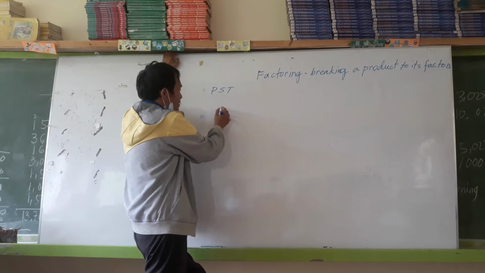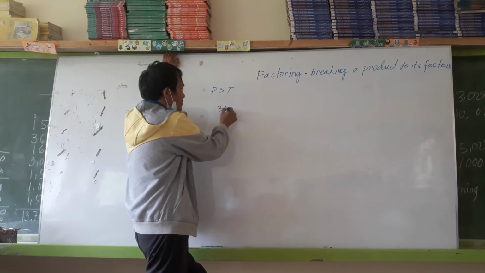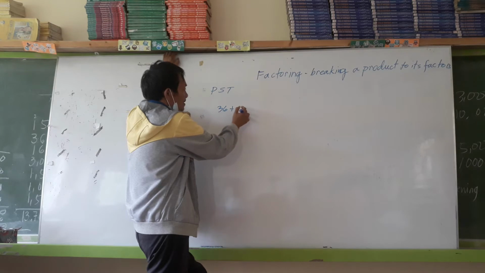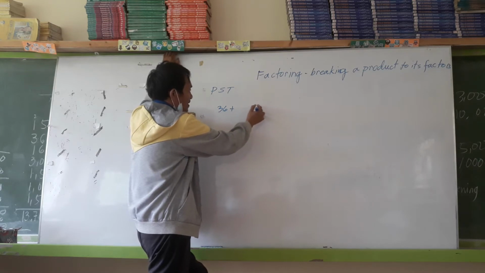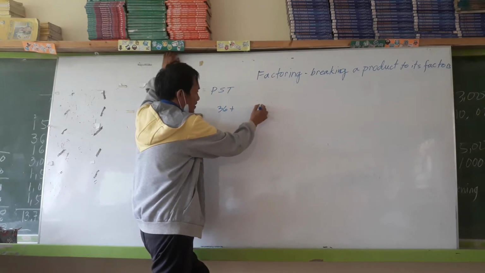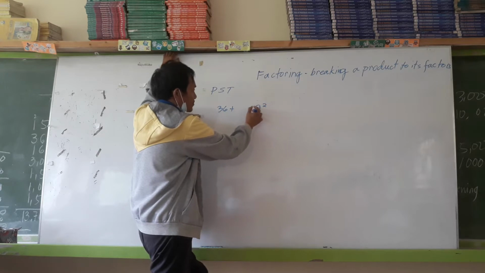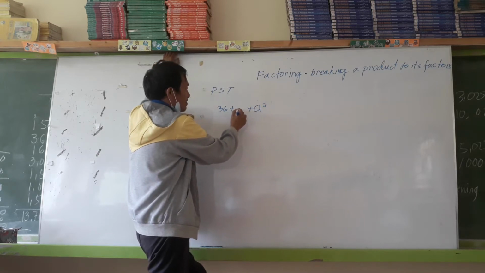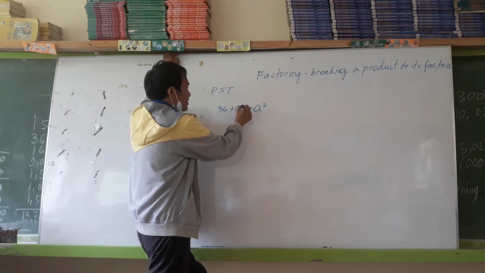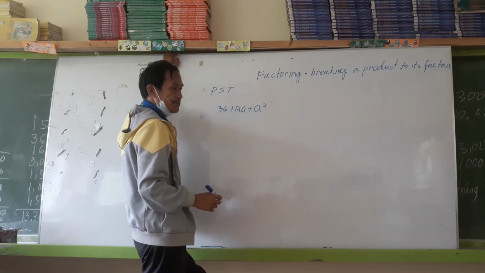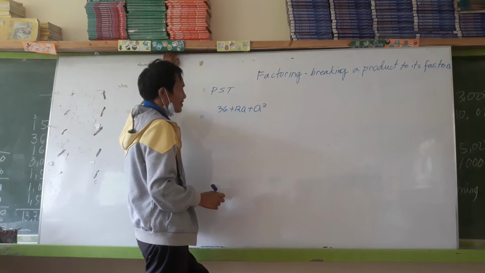Okay? So we could have 36 plus a squared. The middle term would be 6a, 12a.